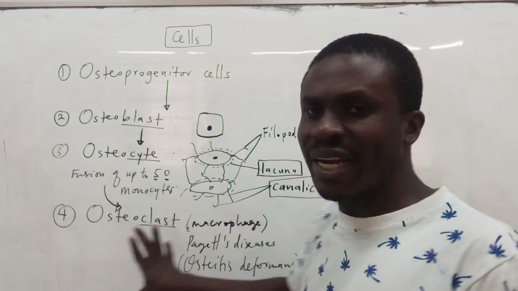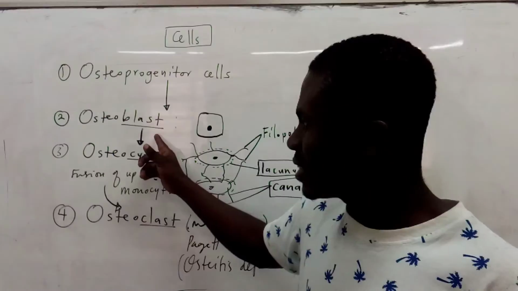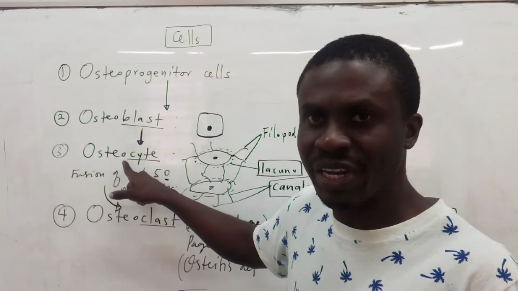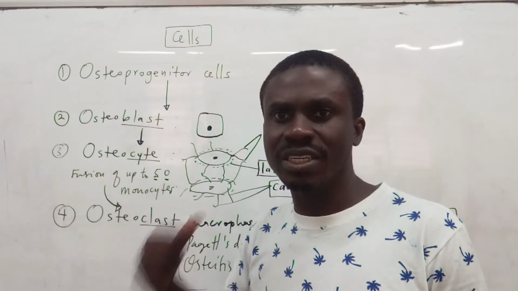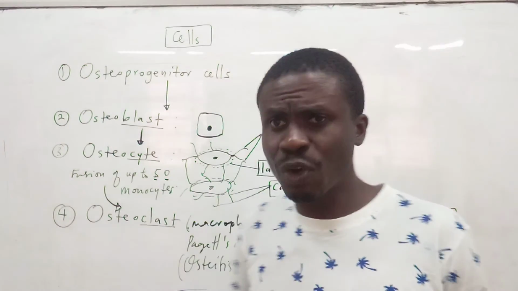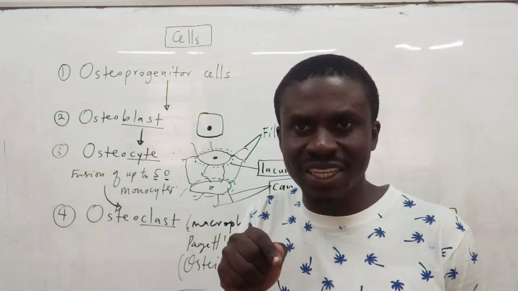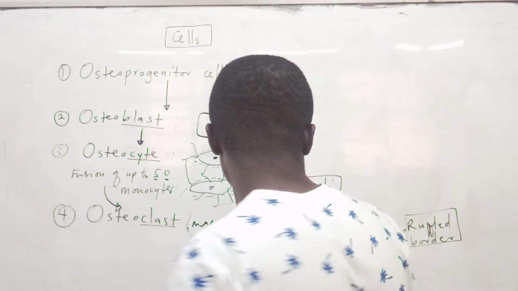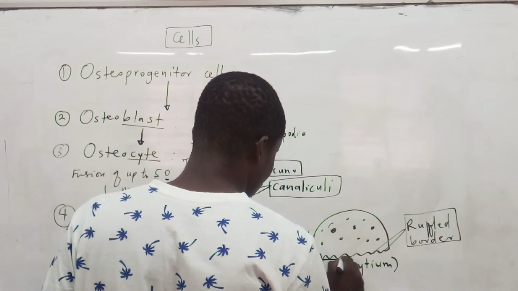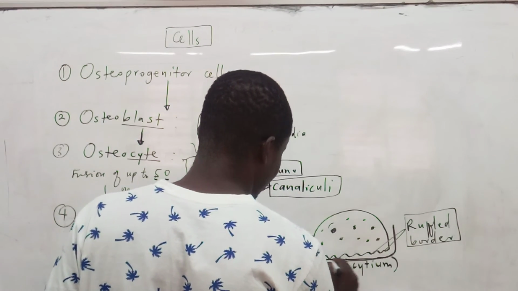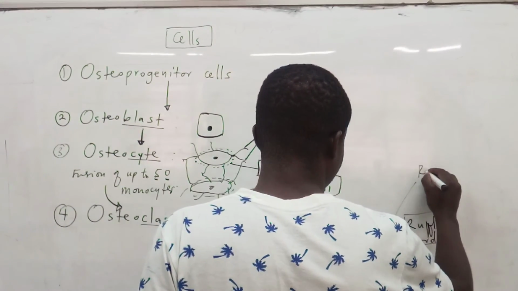Now, importantly, these osteoclasts will also have to reside in an area. We said osteoblasts, after making the matrix and forming the osteocytes, will reside in what we call lacuna. The same way, we need a place to house these osteoclasts. And because they are relevant in resorption of the bone, their area of residence will be called the resorption bay.